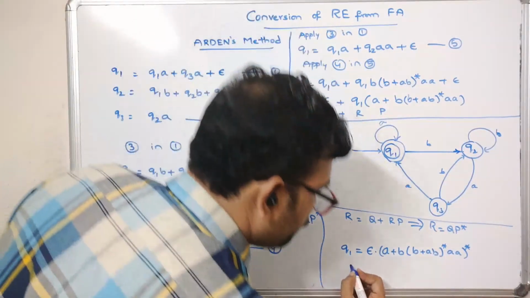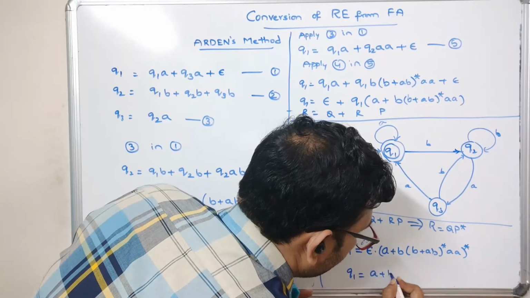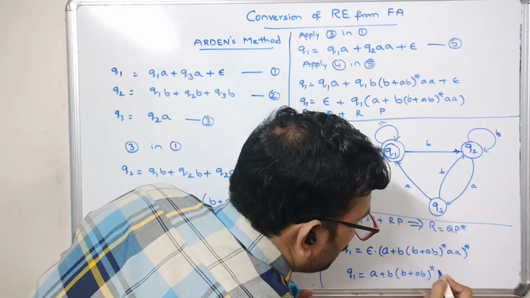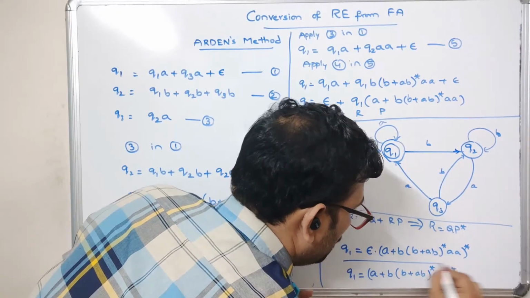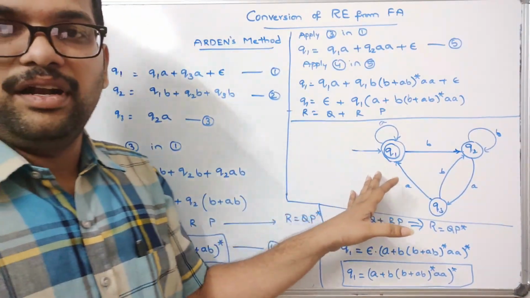Epsilon into this one, the same thing we will get. Q1 is equal to A plus B into B plus AB star AA whole star. So this will be the regular expression for this given finite automata.